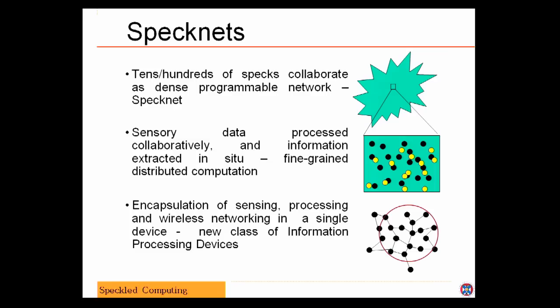So you might think of this as a sort of fine-grained distributed computation. Just as you have a network of computers that we have at the moment, they form a grid, as it's called, and they are able to collaboratively solve a large problem where data is stored in each of these individual computers. Similarly, we are able to do this on a network of specs.